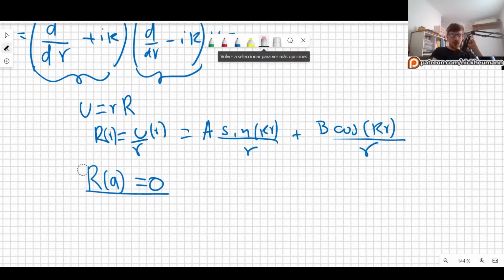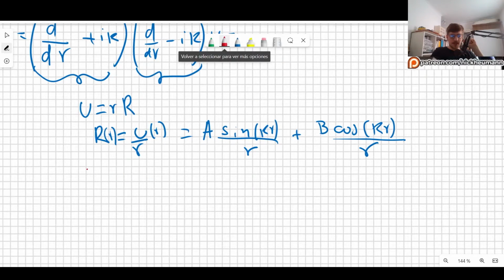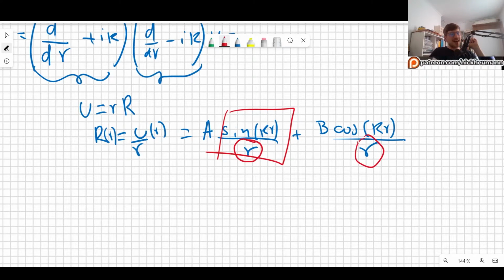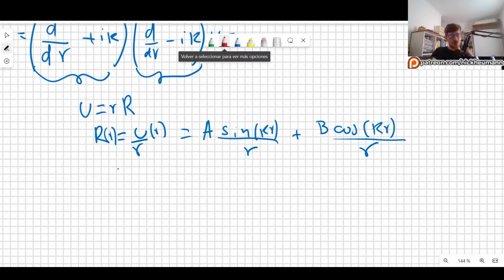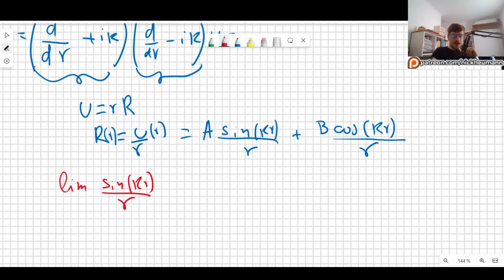So before we go into this part, let's see this first expression. Because they are both divided by r, and r can be 0, right? r could very well be 0 in our domain. So we need to make sure that nothing is wrong. So what is the limit of the sine of kr over r as r goes to 0? Well, sine goes to 0 and r goes to 0. So this is something of the form 0 over 0.